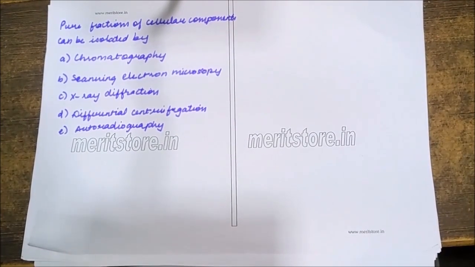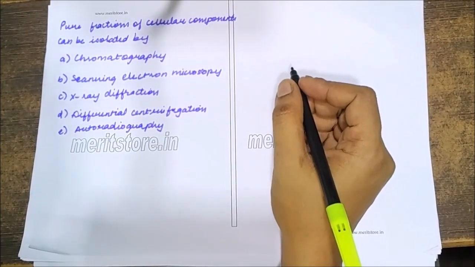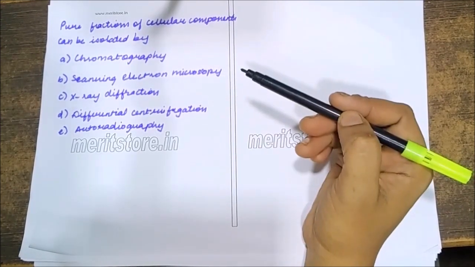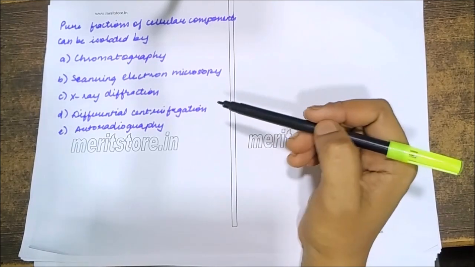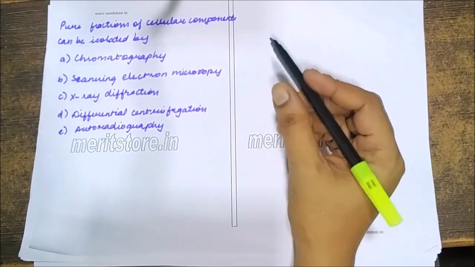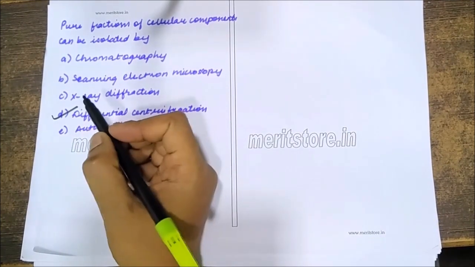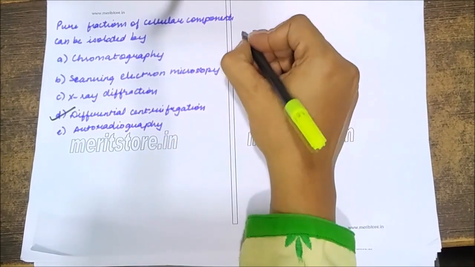Pure fraction of cellular component can be isolated by. Options given are chromatography, scanning electron microscopy, X-ray diffraction, differential centrifugation, and autoradiography. The correct option here is differential centrifugation. See, what is differential centrifugation?